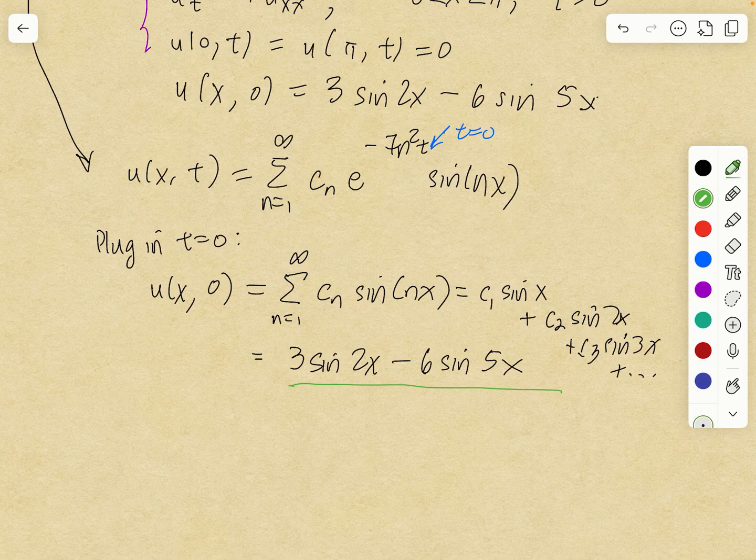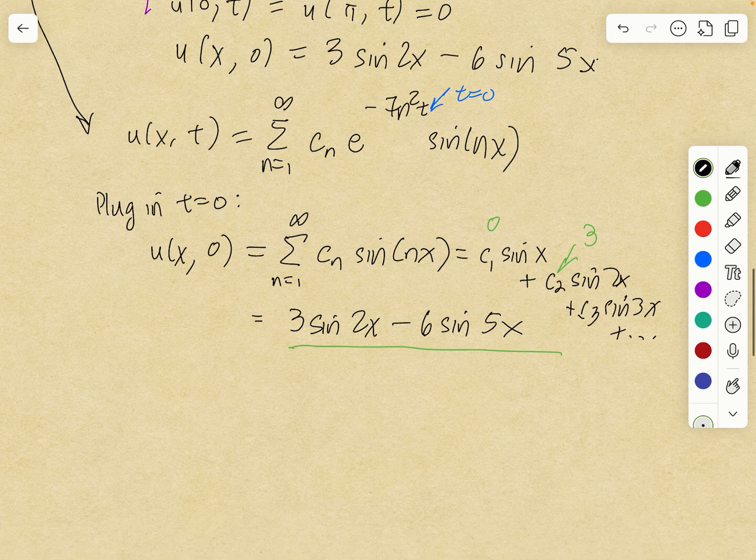You have 0 sine x. But what's being multiplied by the sine 2x? 3, right? So your c2 is going to be 3 because that's the constant in front of the sine 2x. And what's c3 equal to? Well, it's going to be 0 because I don't see a sine 3x. And it just goes on like that.